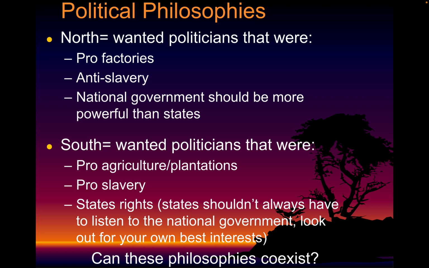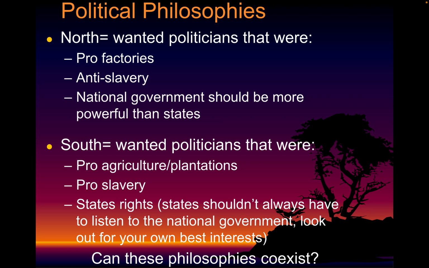There were different philosophies among the two sides of the United States. One is the North's philosophy. The North began really trying to openly fight against slavery. Of course, they were a very pro-factory society, very anti-slavery, and they really believed the national government should be more powerful than the states.